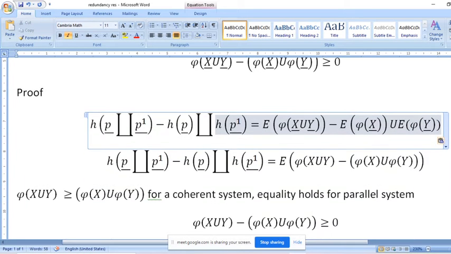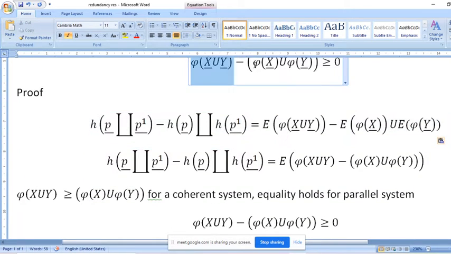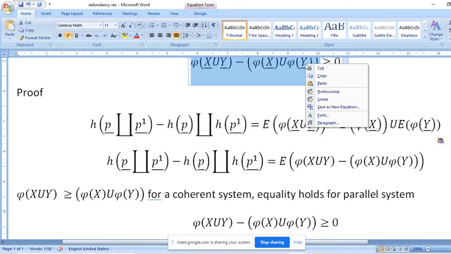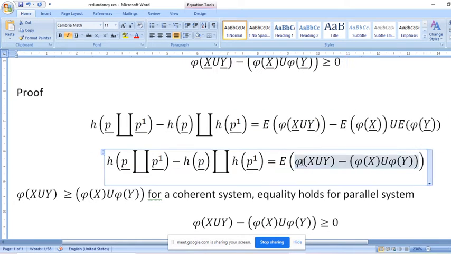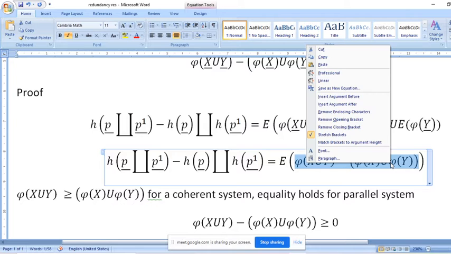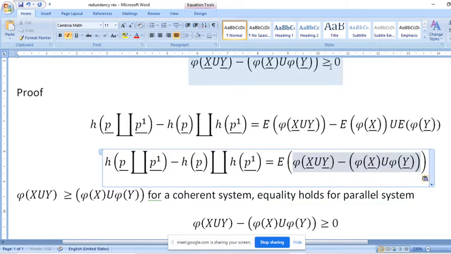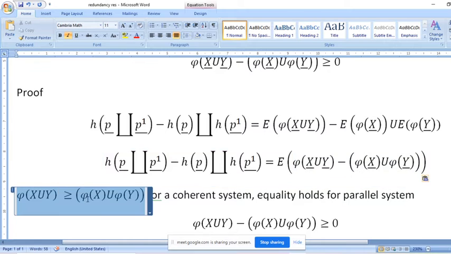Okay, so we can take the expectation outside, so we can write like this, and you know phi of x union y, so we can use this information.